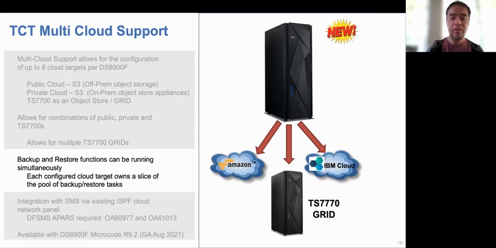The DS8000, and each one of the nodes in the DS8000, has predefined work slots in which you can make sure there are resources reserved for each type of cloud, depending on the job that you are running. But those jobs can be running at the same time, regardless of the type of cloud.